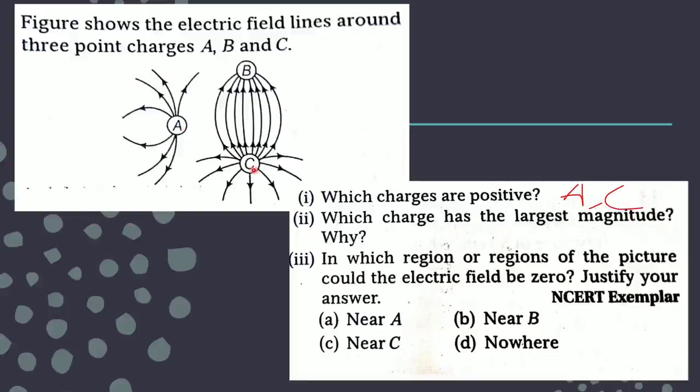So for two positively charged bodies, the electric field will be along the line joining A and C, and A is having the smaller value, so of course it is going to lie near A. So your answer will be point A.